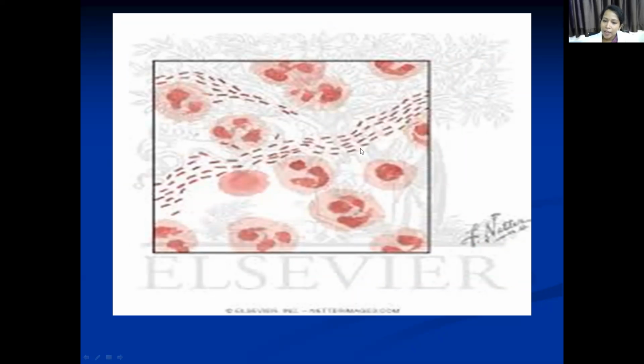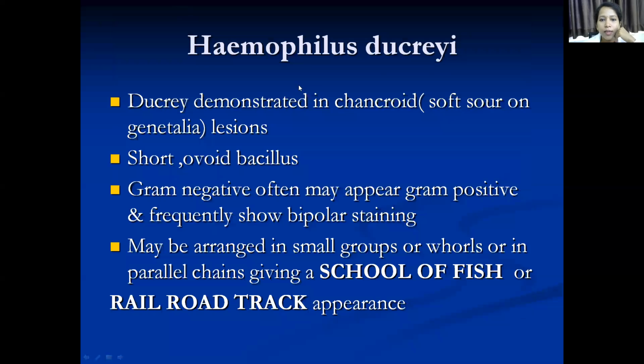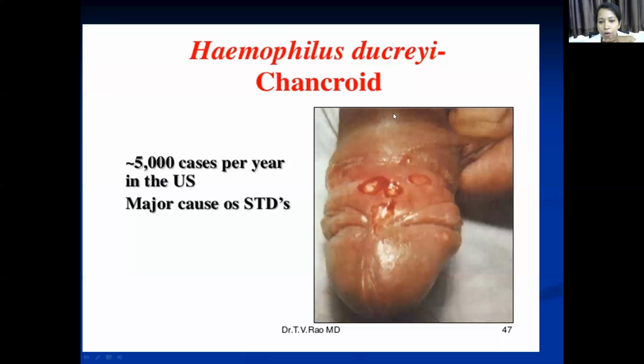So rail track appearance or school of fish appearance is seen in which Haemophilus? Haemophilus ducreyi, and it causes chancroid in the genitalia. It is an STD.